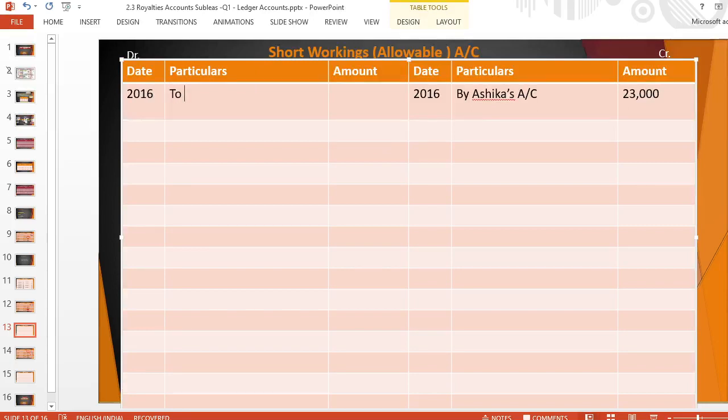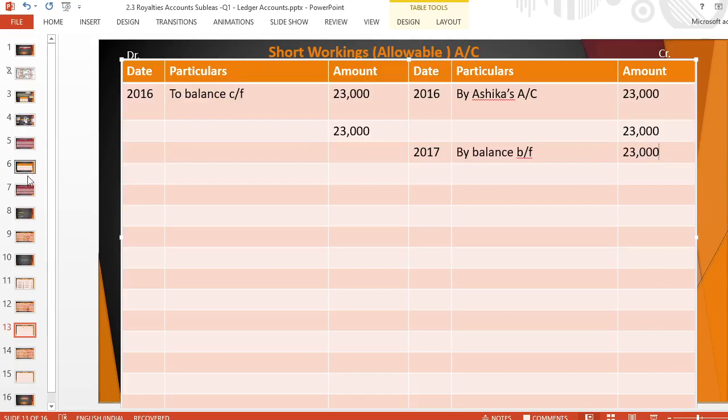I'll close the books. So I'll carry forward the balance. So to balance, carry forward the balance 23,000 rupees. So the total on the debit side and the total on the credit side. In the next year 2017, I bring forward the balance. So by balance brought forward, so here the balance of rupees 23,000 brought down here.